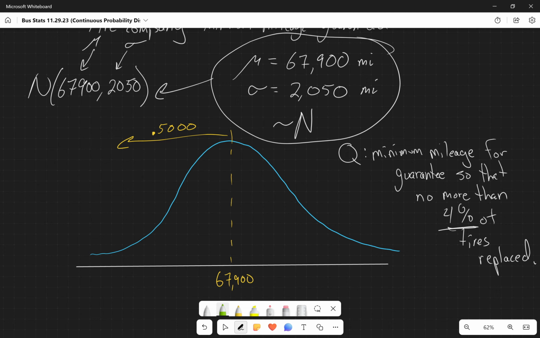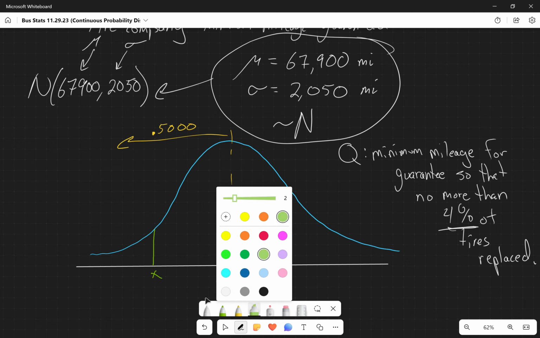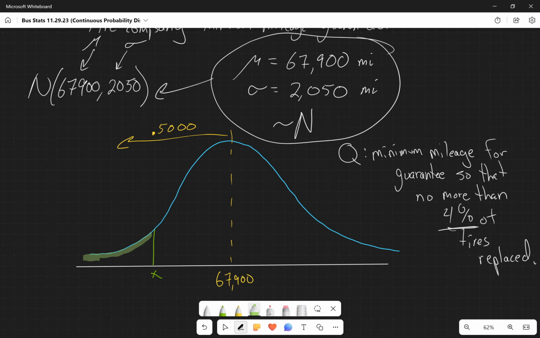So what we're looking for is the value of x that's going to make this whole region over here equal to 0.0400.